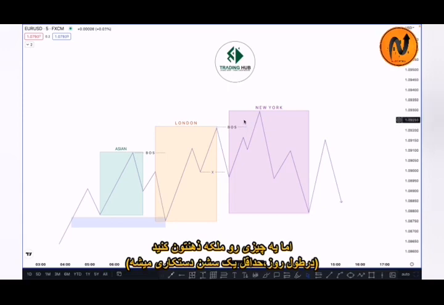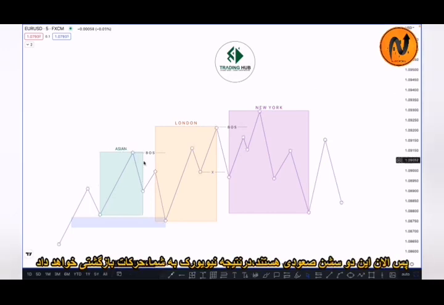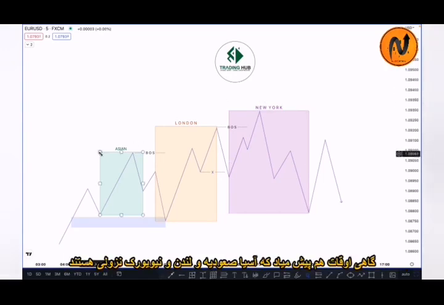First, in a day, one session will be manipulated. If Asian and London are doing continuation in a bullish direction, then New York will give you a short term or maybe longer term bearish momentum to the downside for the reversal. So these two sessions are continuation, and New York will give you a downside move. Sometimes the Asian session is bearish. Sometimes Asian is bullish, then London and New York are both bearish.